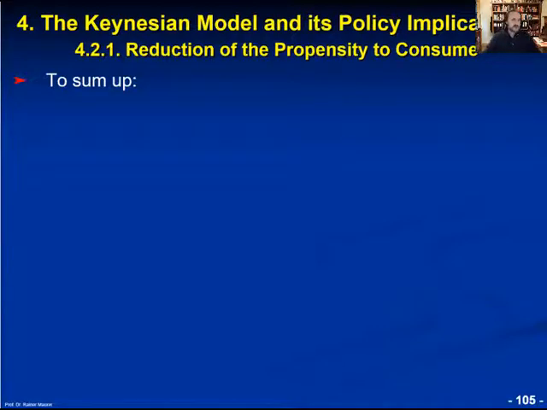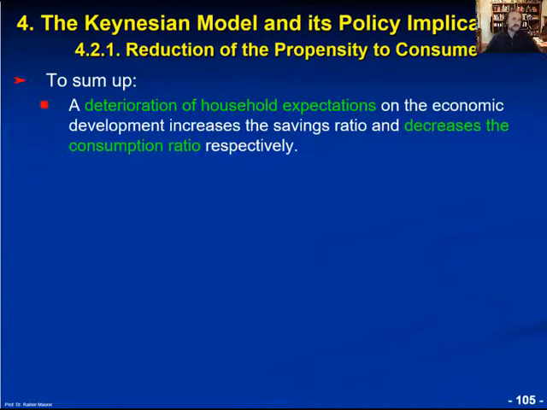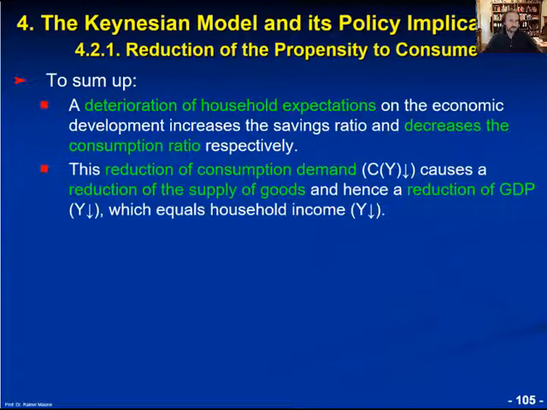So let's sum up the whole adjustment process in verbal terms. A deterioration of household expectations on the economic development increases the savings ratio and decreases the consumption ratio, respectively.